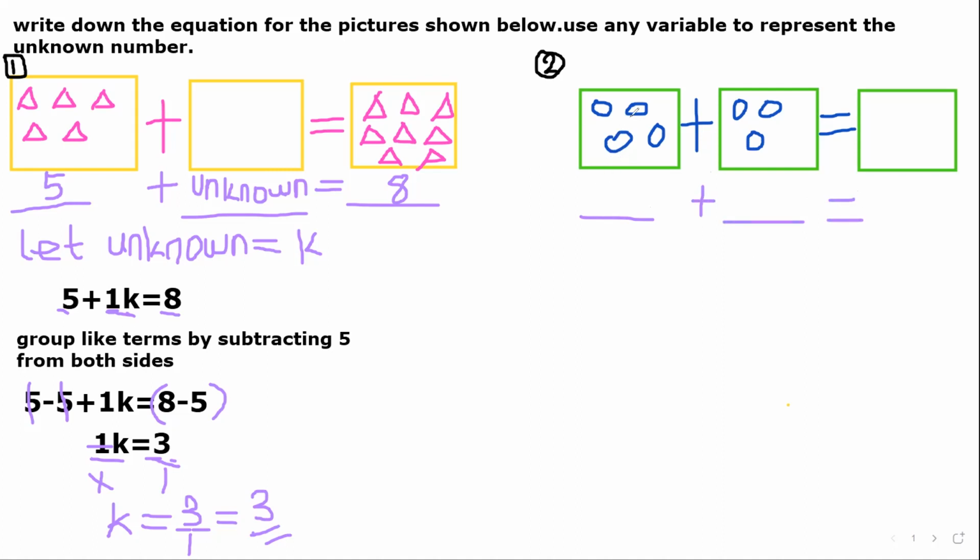Okay, good. Now you count the number of circles here. Let us assume these are the circles. Okay, so 1, 2, 3, 4. We have 4 circles here. Good. Now this is 4 circles. We have the 4 circles here, and then here is 3, and then here is unknown.